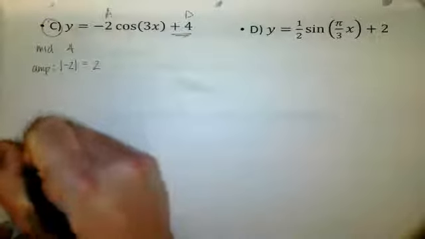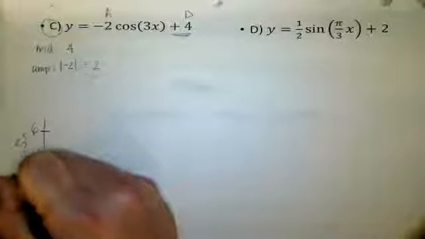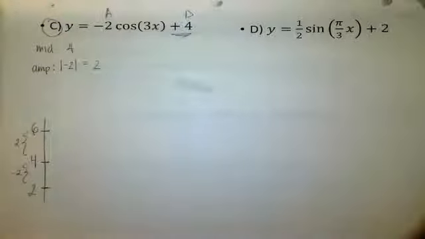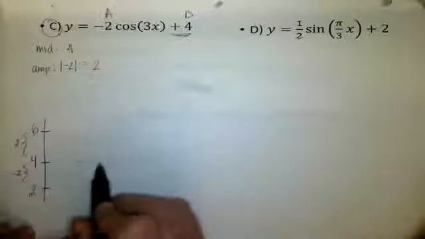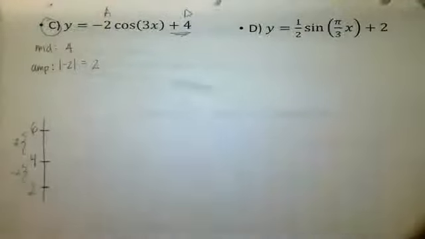That's amplitude. 2 units above and 2 units below the midline. This is not centered at 0, so I'm going to use a dotted line, because it's not actually the x-axis. And then, so now, what's the period?